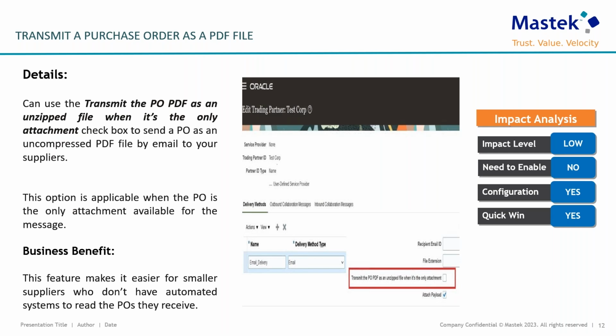We will have a checkbox wherein we can check or uncheck based on the PO, which will be an uncompressed PDF file, so that we can share it with our supplier by enabling this checkbox. The business benefit is that this feature makes it easier for smaller suppliers who don't have an automated system to read the POs they receive. There will be a configuration change, but it is a very quick win. There will be no major configuration change.